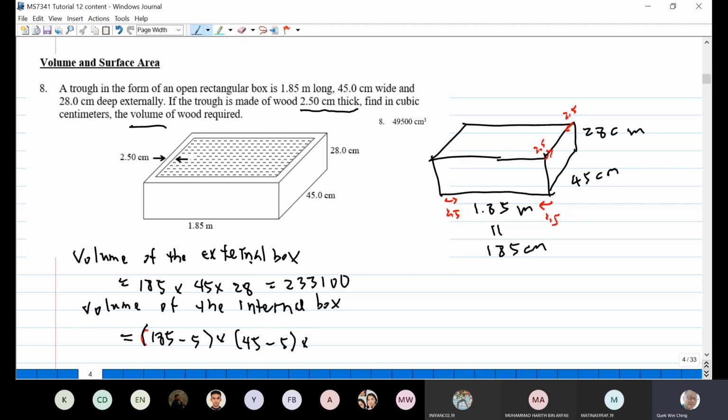Then the height. This is an open rectangular box. Open rectangular box means there's no top, no cover. But you need 2.5 cm from the base. So you need to go up for the thickness, 2.5 for the base. So you need 28 subtract 2.5.